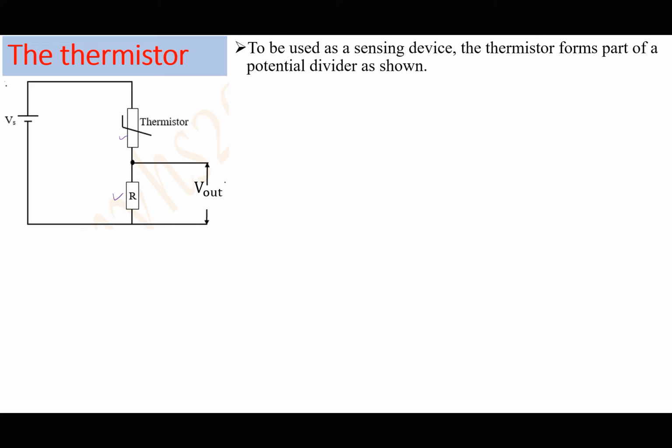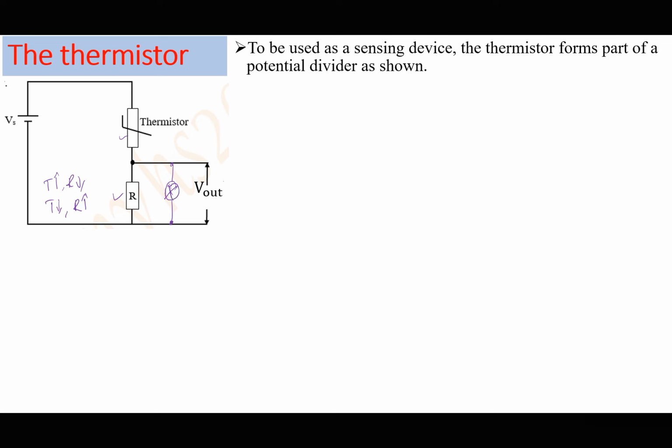We could connect an indicating lamp, maybe in parallel with a fixed resistor or in parallel with the thermistor. So let's say we have a lamp here, which will indicate if there is a change in temperature. Remember, when the temperature increases, the resistance is expected to decrease. If the temperature decreases, the resistance is expected to increase.